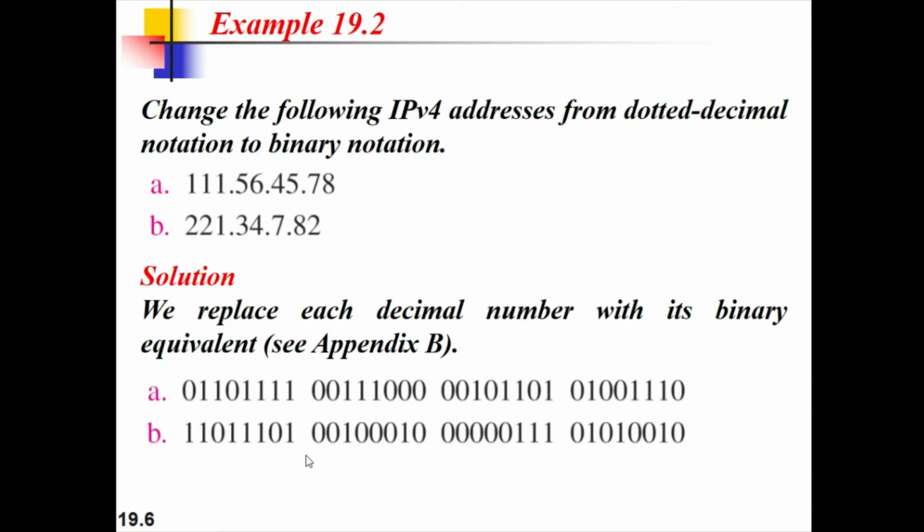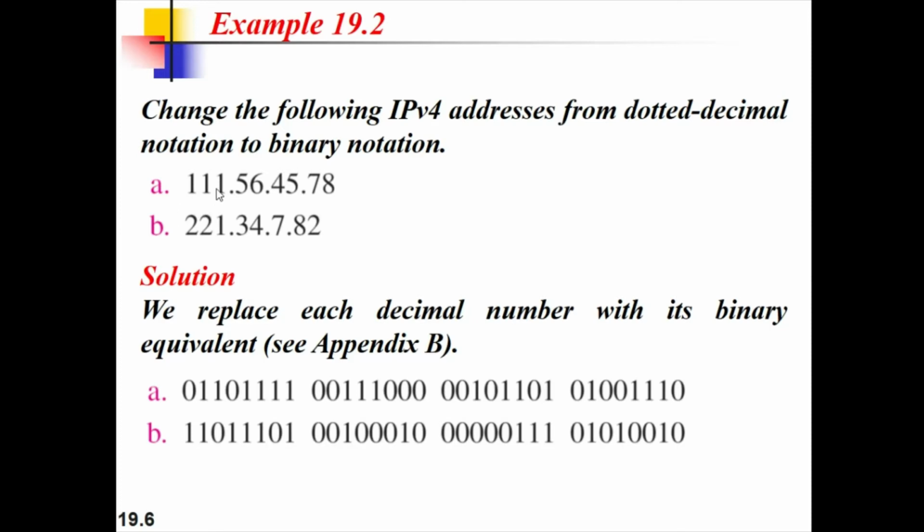Next, change the following IPv4 addresses from dotted decimal to binary notation. You need to do the same thing. You have the decimal numbers, so each part separated by a dot is changed into 8 bits in binary.